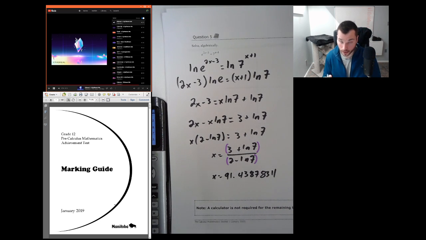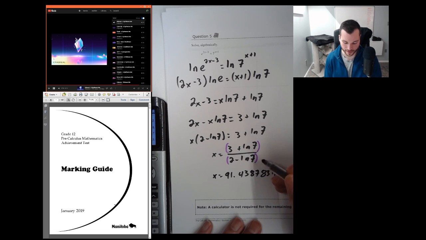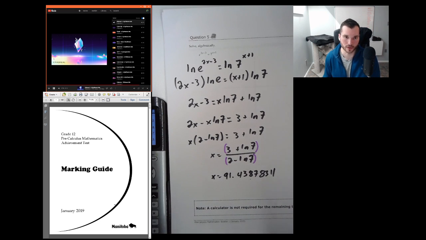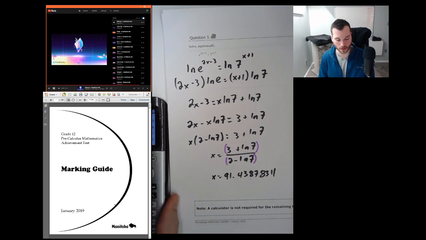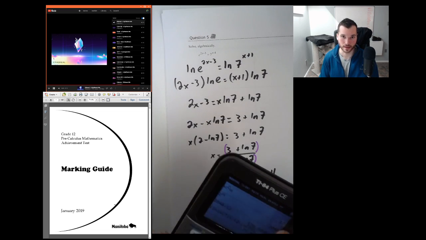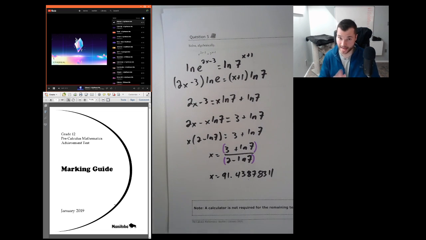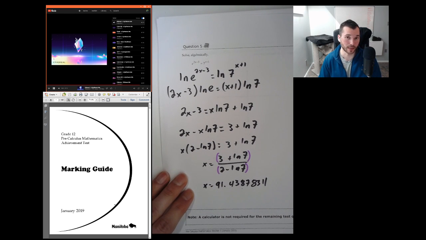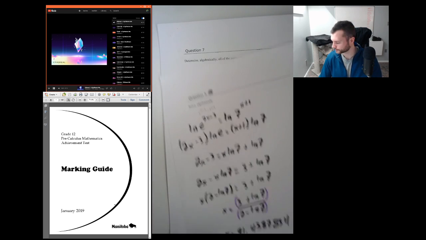If you really wanted to, you could cut yourself off after 3 decimal places and round the 8 to a 9. I'm giving more than enough decimal places. That's the last thing that we needed the calculator for. We still have a calculator for the rest of this booklet, but we don't actually need it anymore. Cool.